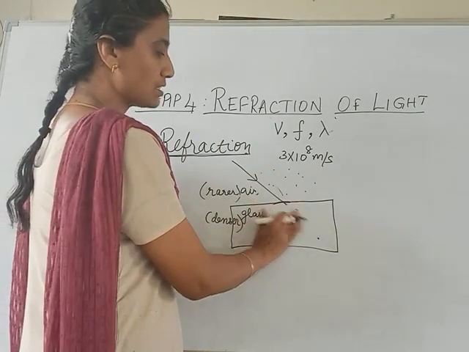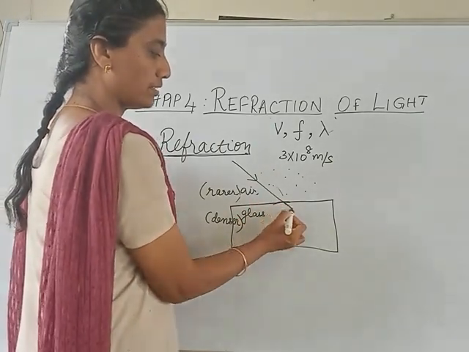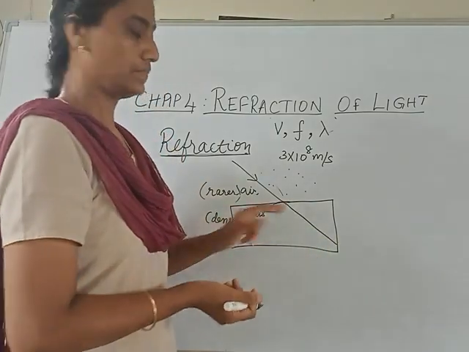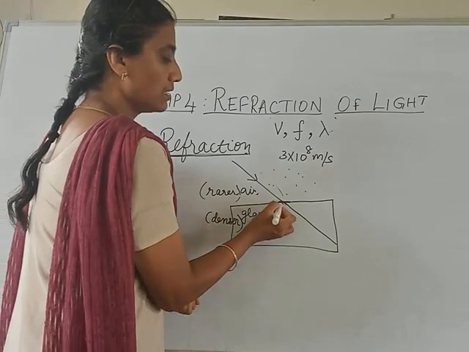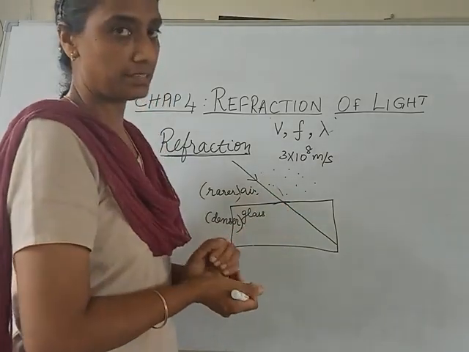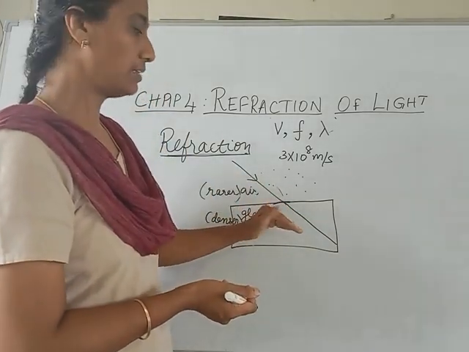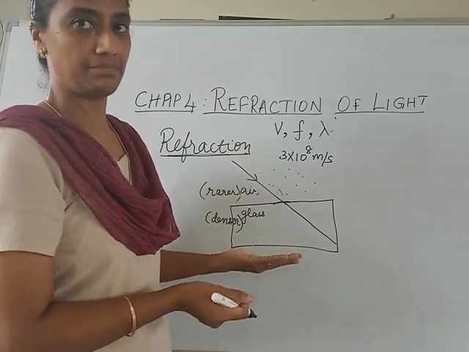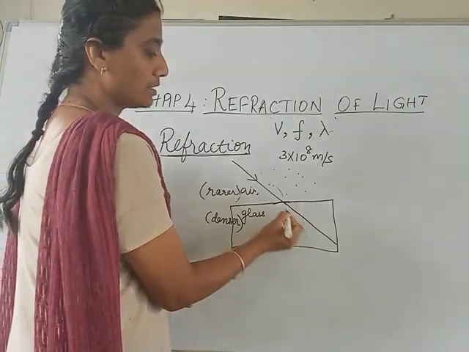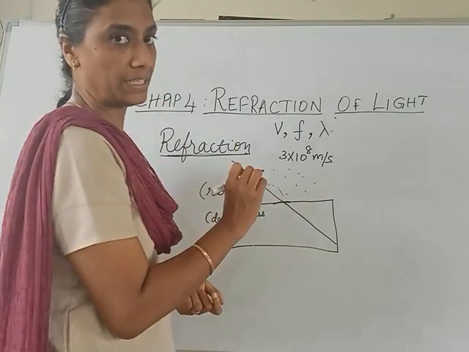If it goes in its usual path, it is going to take time. So what it prefers is to take a shorter path. It tries to take a shorter path so that it can finish in less time. That's the reason for bending.